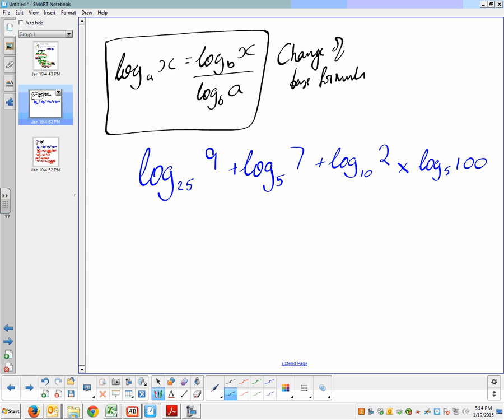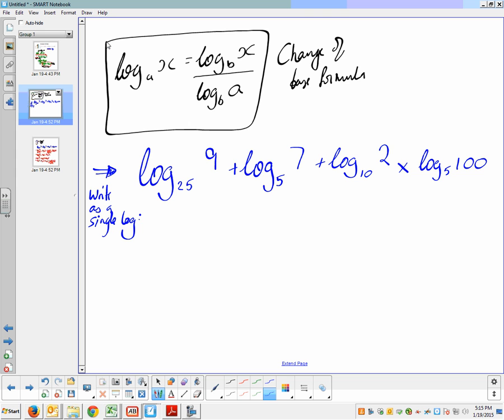And all we're going to try to do is take this expression and write it as a single log. So if you want to have a go at doing that using the formula before I go any further, I give you a little hint, which is that it's going to be easiest to rewrite everything as log base 5.